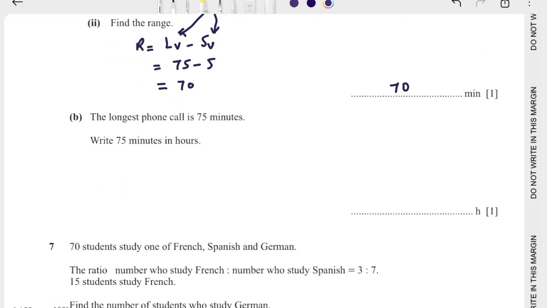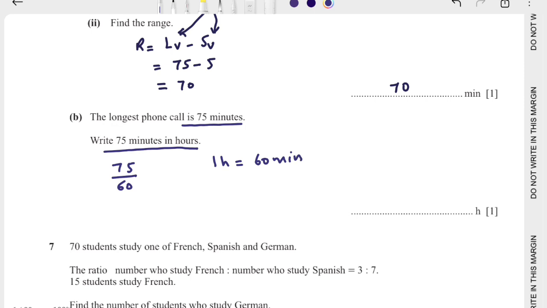Part B. The longest phone call is 75 minutes. Write 75 minutes in hours. So this is very simple. We divide 75 by 60. We know that 1 hour equals 60 minutes.